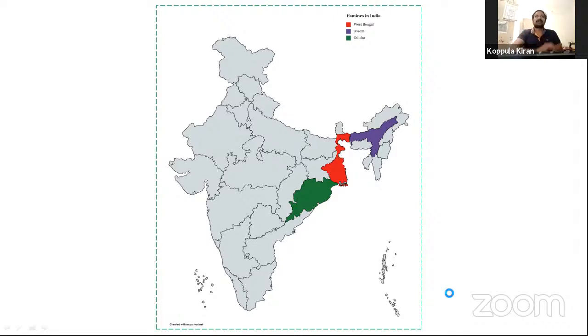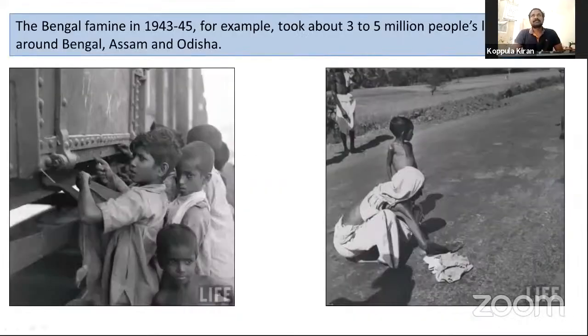Okay, next slide. See this picture. Students, look at this first picture. What happened? Some students are hanging on the train box. This is a goods train, traveling on the track.